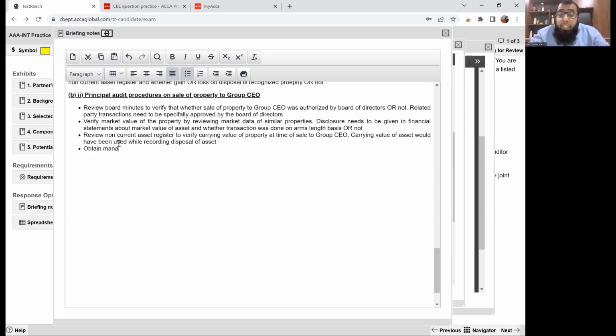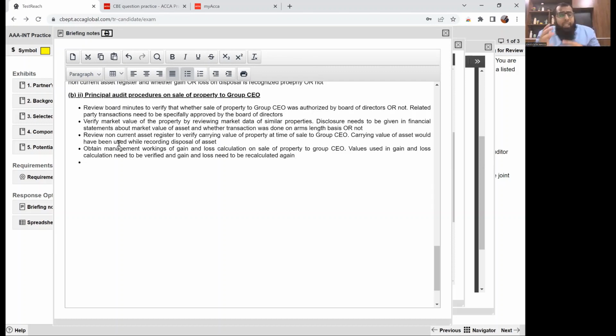Obtain management workings of the gain and loss calculation on the sale of property to the group CEO. Values used in the gain and loss calculation need to be verified, and the gain and loss need to be recalculated again.